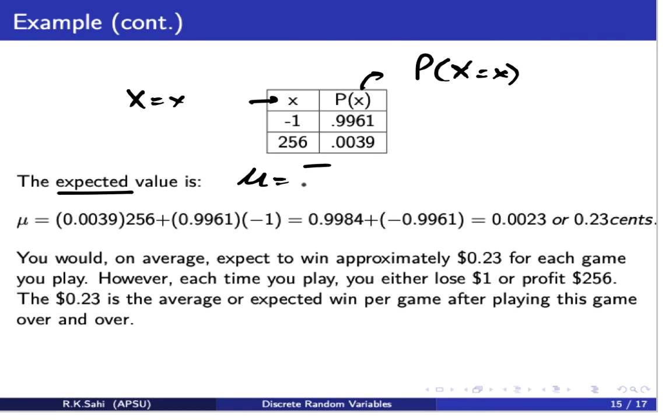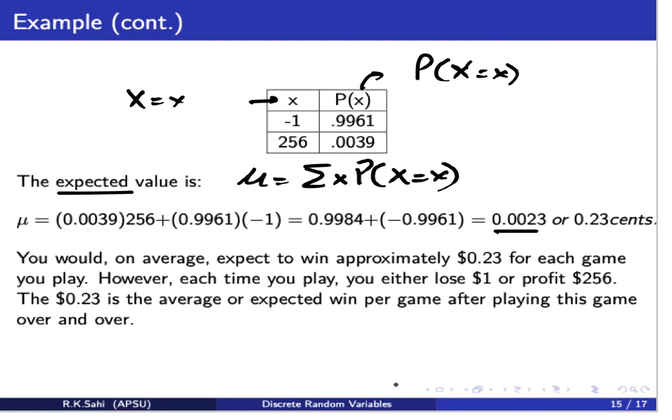Mu, remember, is the summation of little x times the probability that X is little x. This x is either -1 or 256. When you plug in the values, you get 0.0023, or 0.23 cents if you want to deal in terms of the units. So what it says is, on average, you expect to win 23 cents for each game you play.